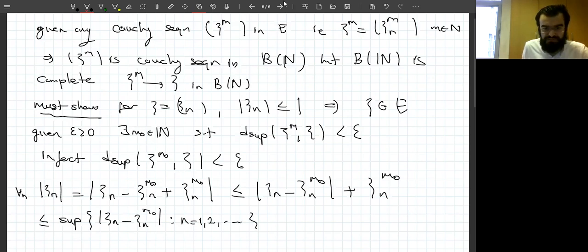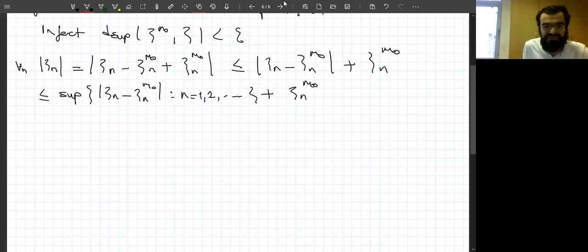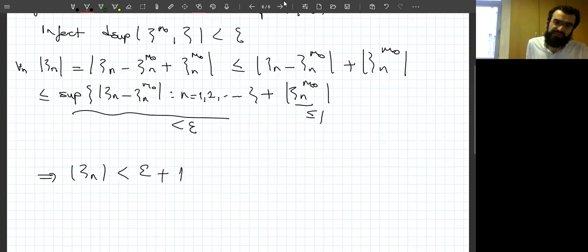Plus the absolute value of psi_n^m0. Okay, this is less than epsilon. Do not forget this is absolute. This is less than or equal to 1. This implies our absolute value of psi_n is less than epsilon plus 1. This is for some arbitrary positive number epsilon, for all epsilon greater than 0.